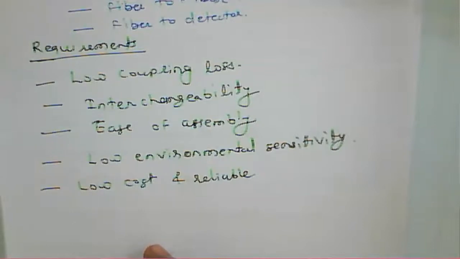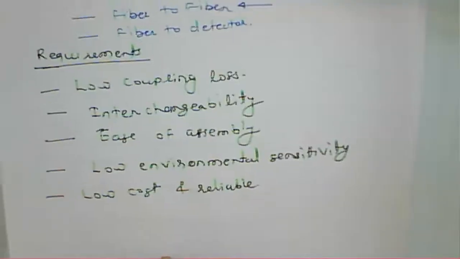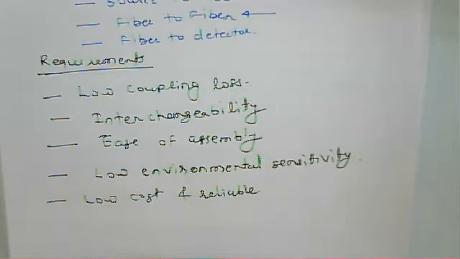Some connectors are used for joining the particular fiber or a fiber end, and that end is used to couple the power. So we need to know why a particular connector is used and where it is to be used.